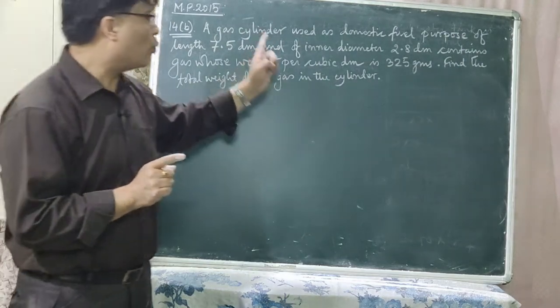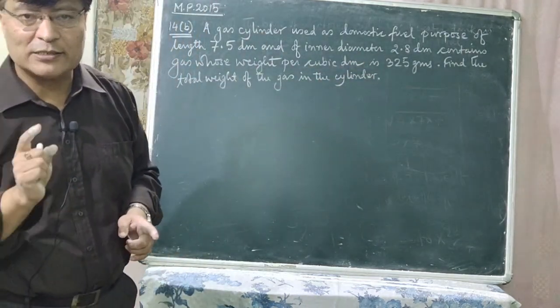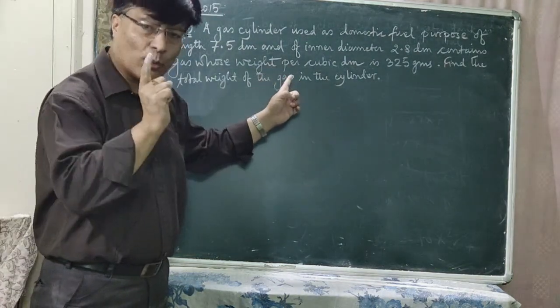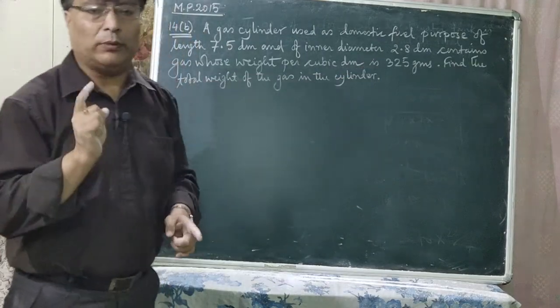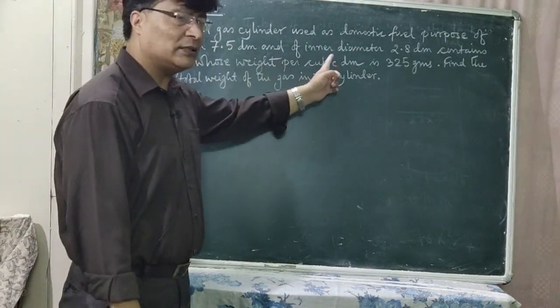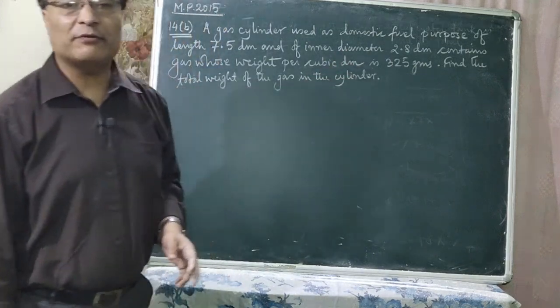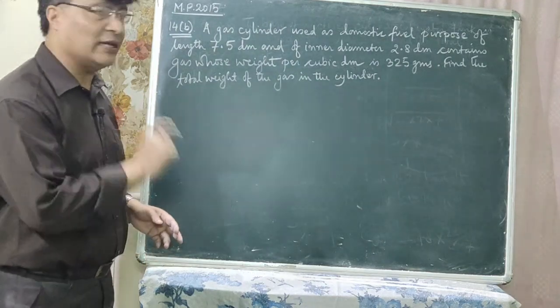That is, weight of 1 cubic decimeter gas is equal to 325 grams. So you have to find out the total weight of gas in the cylinder.